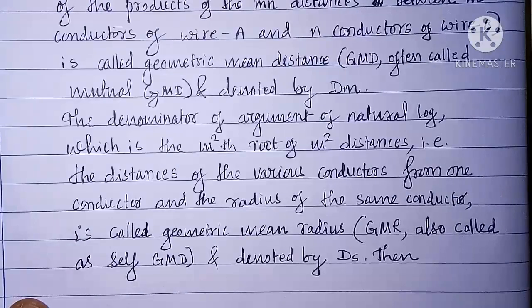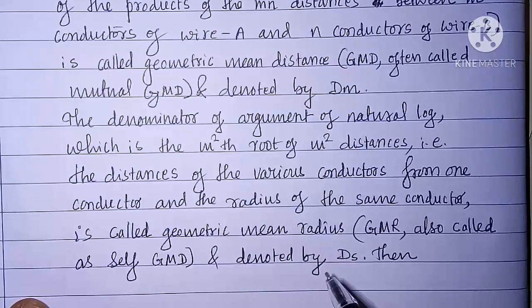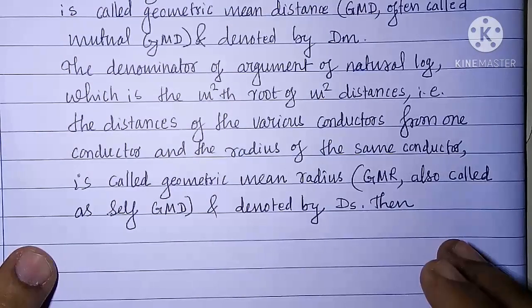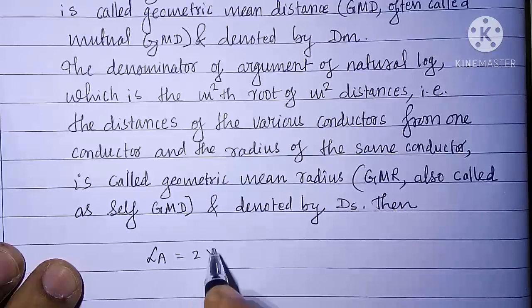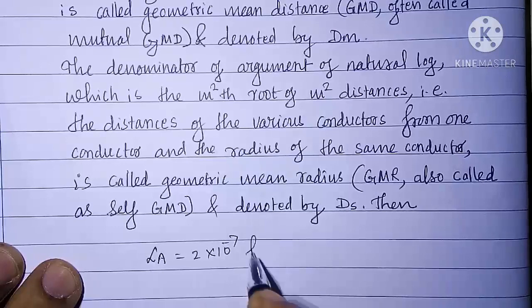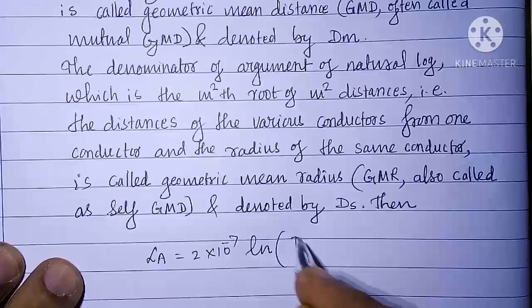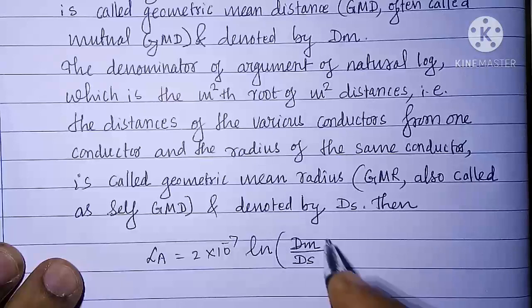Now we will make use of notations dm and ds in the expression for LA. LA is equal to 2 into 10 raised to minus 7 ln of dm upon ds.